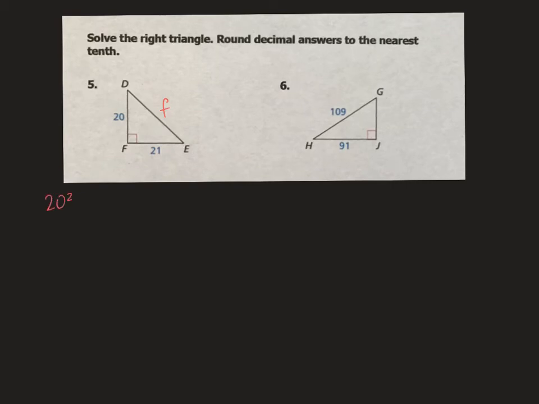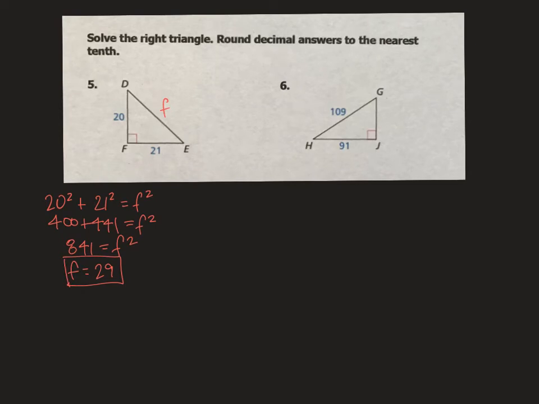So 20 squared plus 21 squared is going to equal F squared. 20 squared is 400. 21 squared is 441. When I add those together, I get 841. And then 841 is a perfect square, which gives me 29 for that third side.